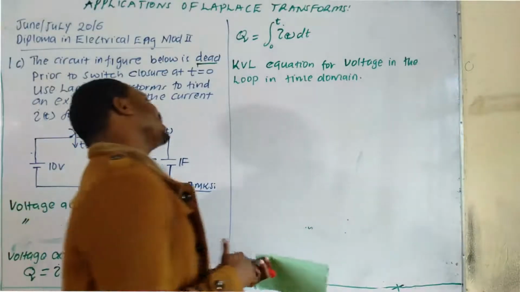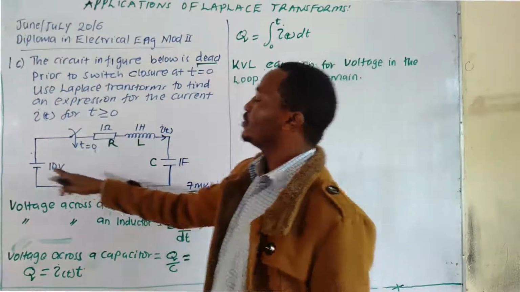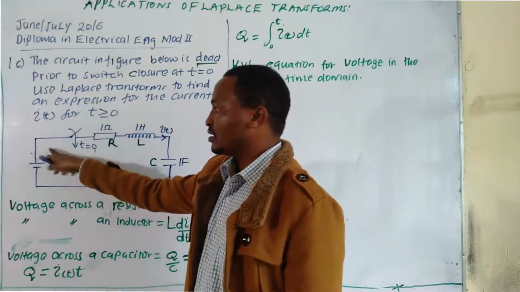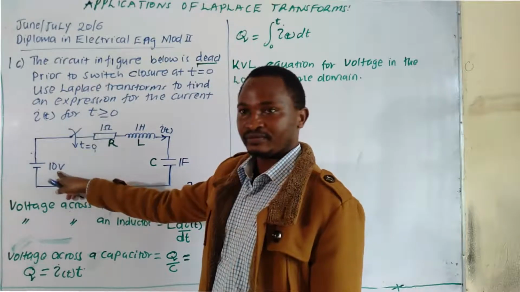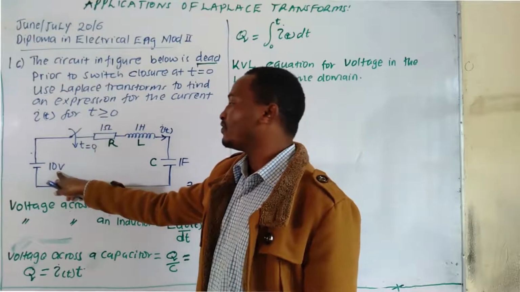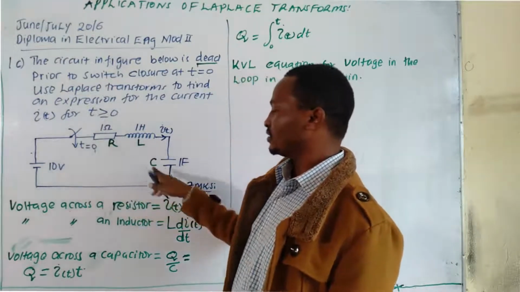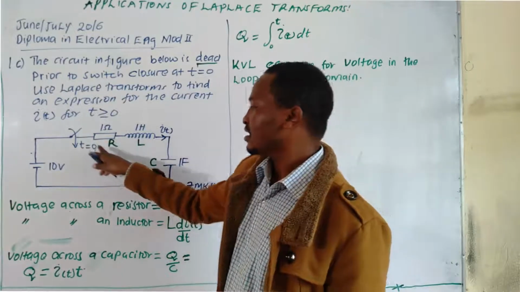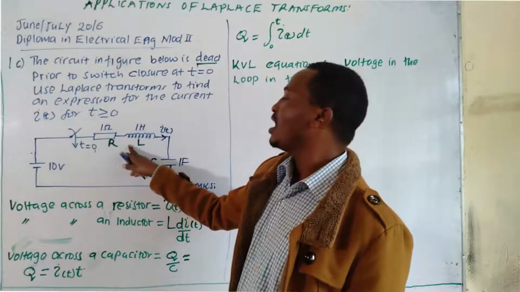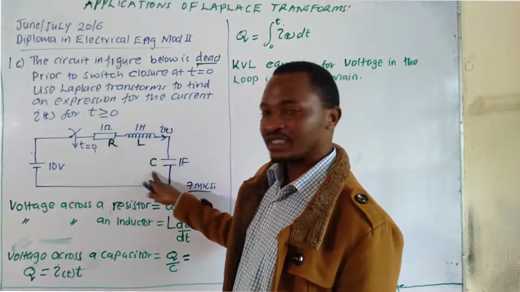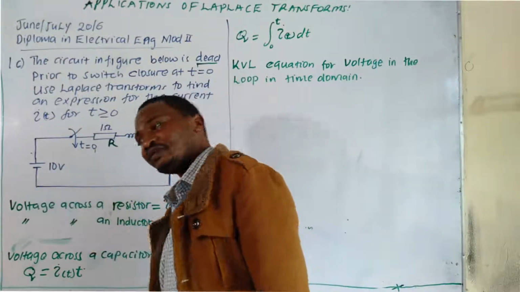So let us write from Kirchhoff's voltage law. We know that the algebraic sum of the EMFs and the drops in the circuit is equal; that is, the voltage across the resistor plus the voltage across the inductor plus the voltage across the capacitor are equal to the source of EMF.